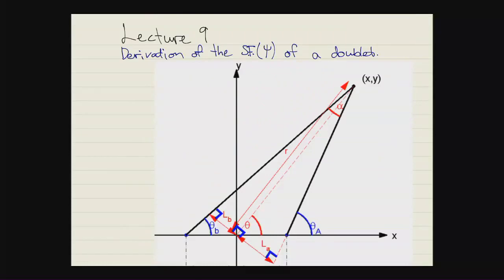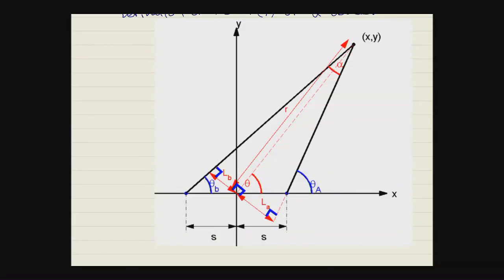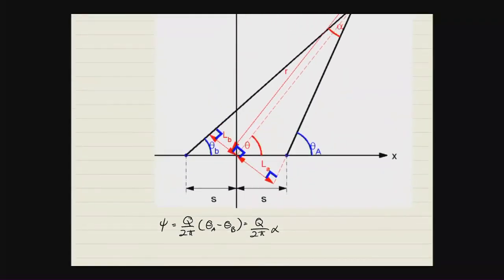We have our stream function psi equal to Q over 2 pi times theta A minus theta B, and that's going to be equal to Q over 2 pi times alpha.